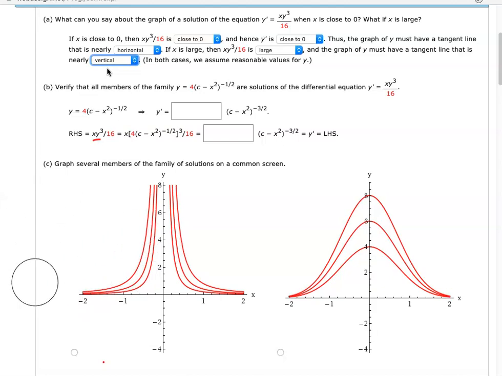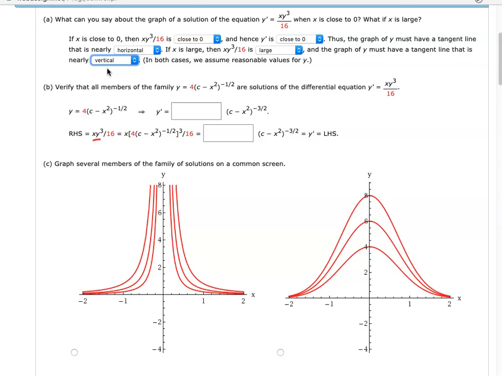Now we've got to look at the graph. Here's the thing I want you to think about. As x gets close to 0, the slope gets close to 0, and the tangent lines are close to horizontal. As x gets big, the slopes get big, and the tangent lines are close to vertical.